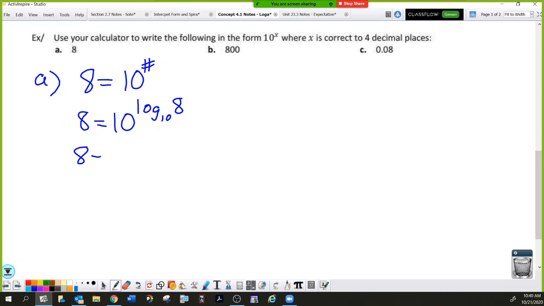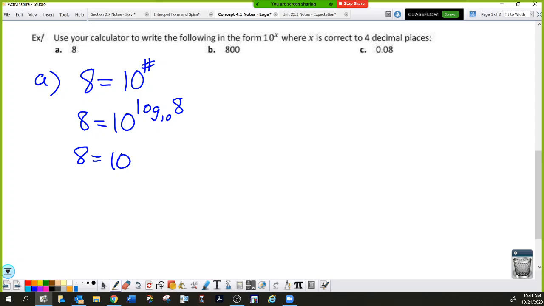So 8 is 10 raised to the, and I'm going to grab my handy dandy calculator because you can't evaluate logarithms by hand if they are irrational. And I'm literally going to just type log of 8. I don't need to say base 10 because it's the common log.